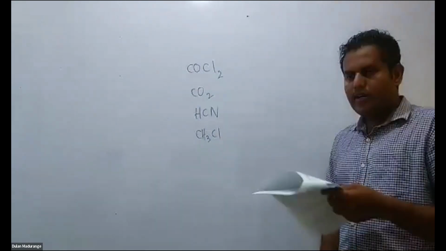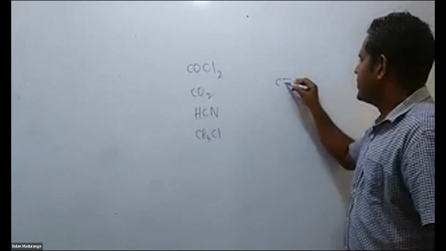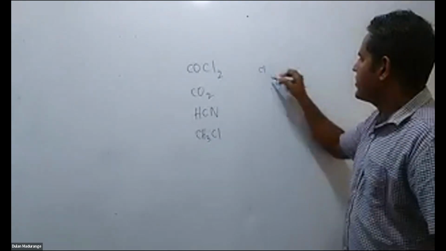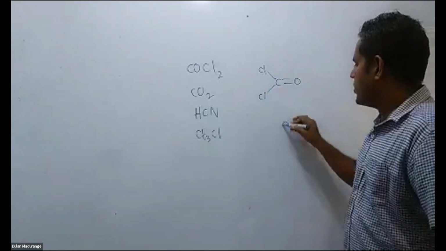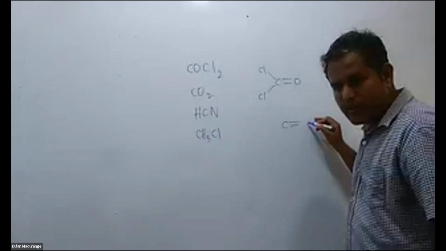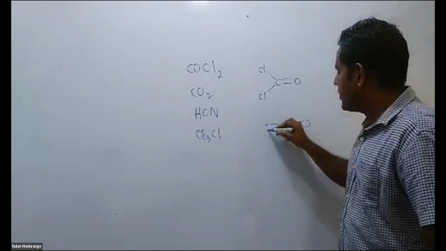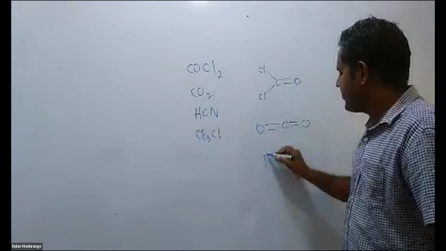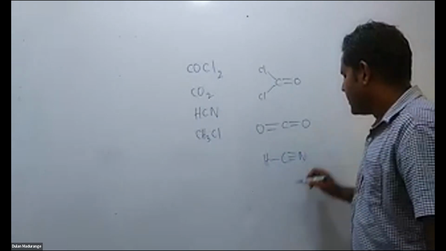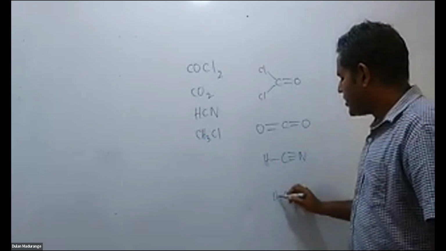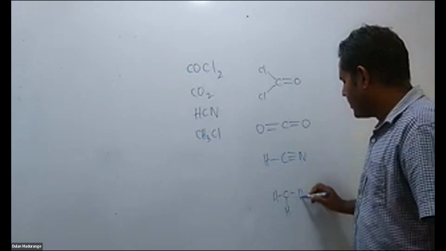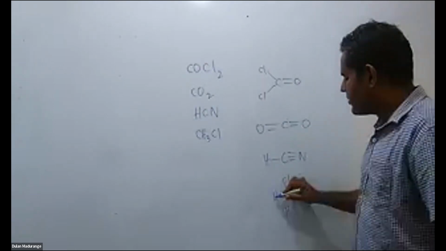So then you have to draw this. COCl2, carbonyl chloride. CO2, yes, HCN, and CH3Cl. So after drawing the structure, first of all, you have to determine the hybridization of the atoms.